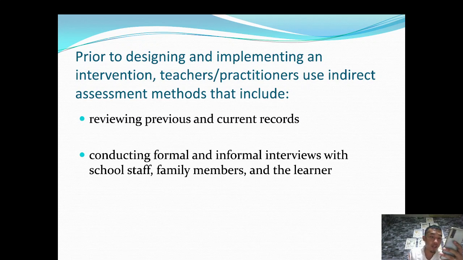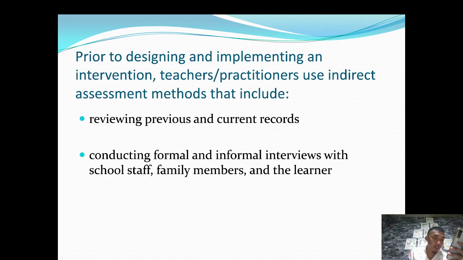The purpose of this record review is to gain insights into the learner's current behavior by looking at previous reports or assessments that might include medical reports, psychological evaluations, speech and or occupational therapy assessments, educational testing, which was discussed by the first and second group, which is the IEP and the IFSP, incident reports, disciplinary action reports, and anecdotal reports. It also includes conducting formal and informal interviews with school staff, family members, and the learners.